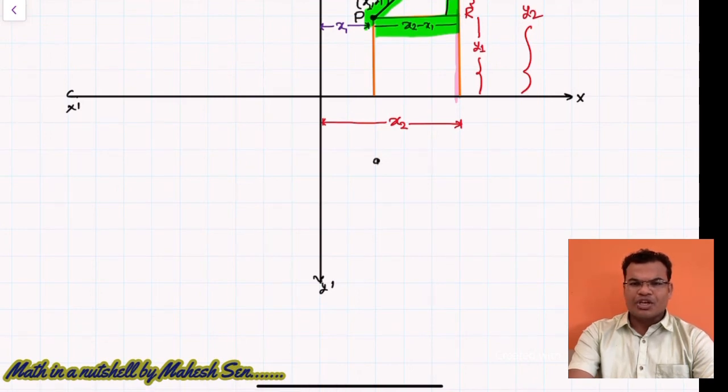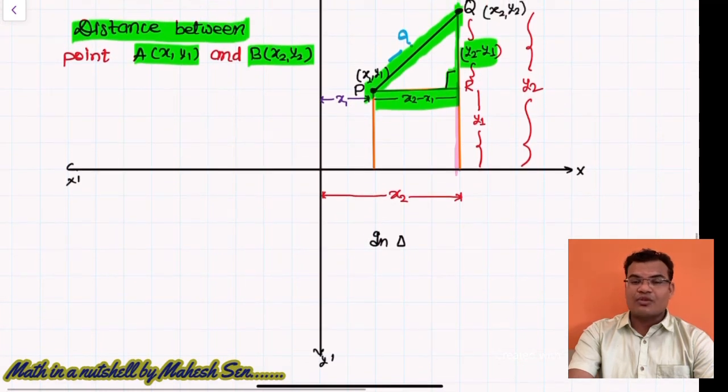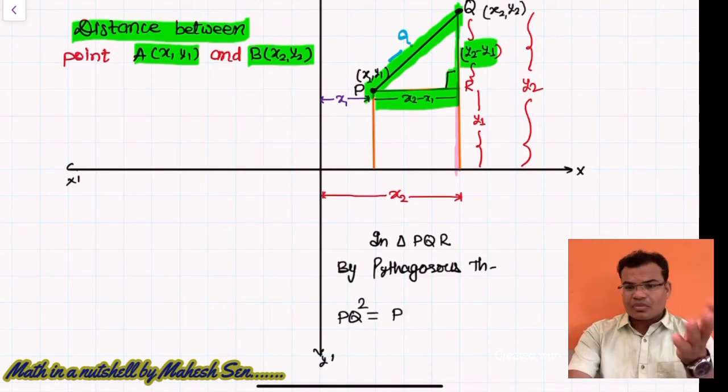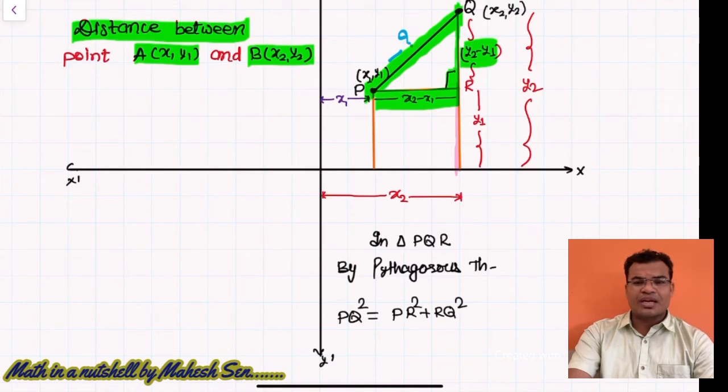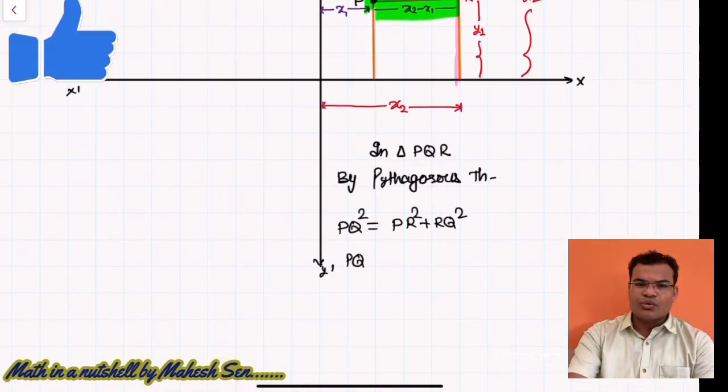Remember guys, the Pythagoras theorem always applies in a right angle triangle. So in triangle PQR, by Pythagoras theorem, PQ square is equal to PR square plus QR square. Now we have the values of PR and RQ.